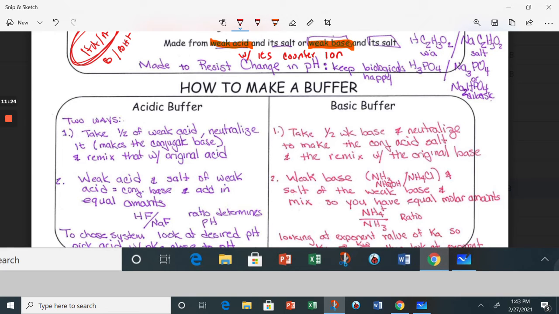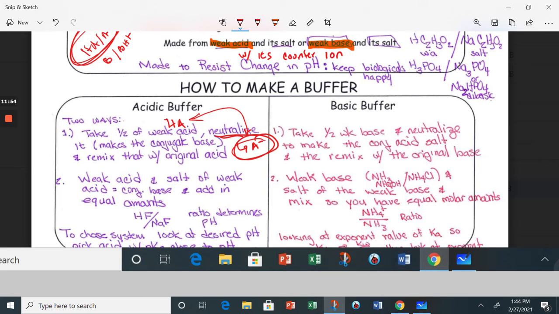I've got HA, but I don't have the A minus. So if I neutralize it, that gives me the A minus. By neutralizing, I make this A minus and I throw it back in the original and remix it, and then I have the 2 of them present. Okay, so that's number 1.